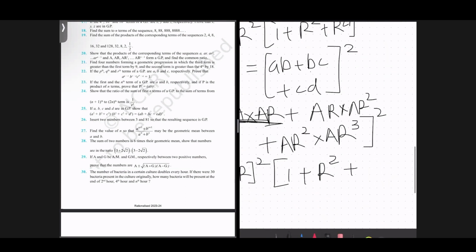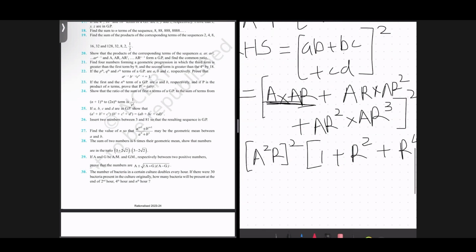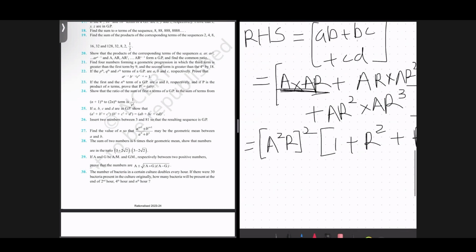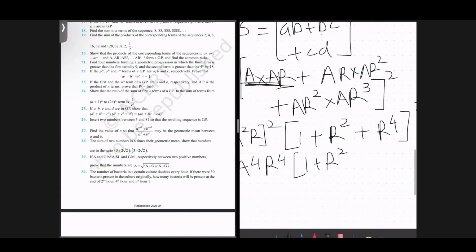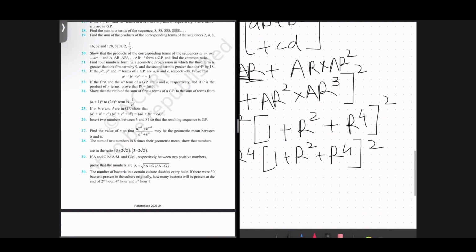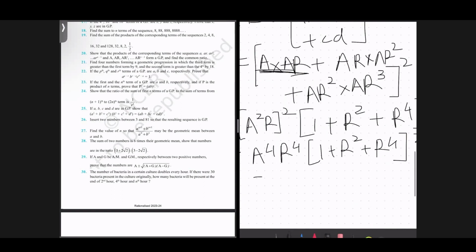And when you take out A square R common from the third term, you get R raised to the power 4 remaining. That is going to be whole squared, right? So A square R the whole squared is going to be A raised to the power 4 R square, and in the bracket you would now have 1 plus R square plus R raised to the power 4, the whole square, right?